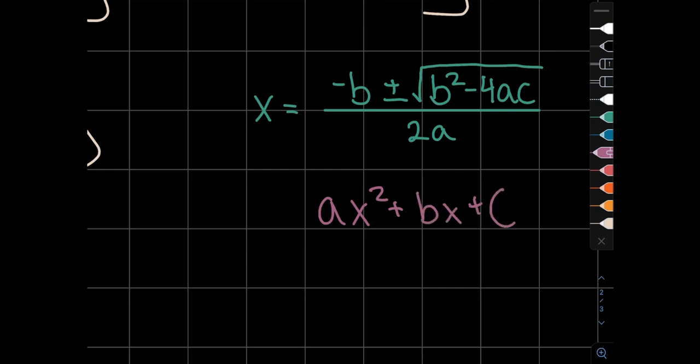You want to plug all of these numbers into this equation, and although it's a very surefire method of solving, it does take a little bit, and I only recommend doing the quadratic formula if you cannot factor whatsoever. You've tried every method and you just cannot factor. You want to use the quadratic formula.